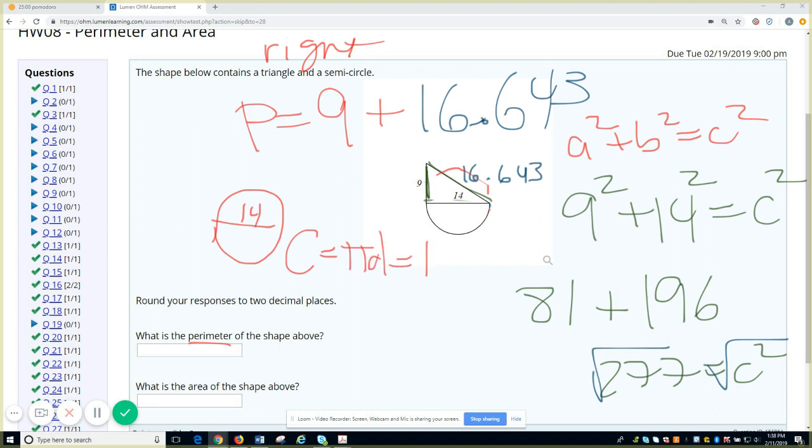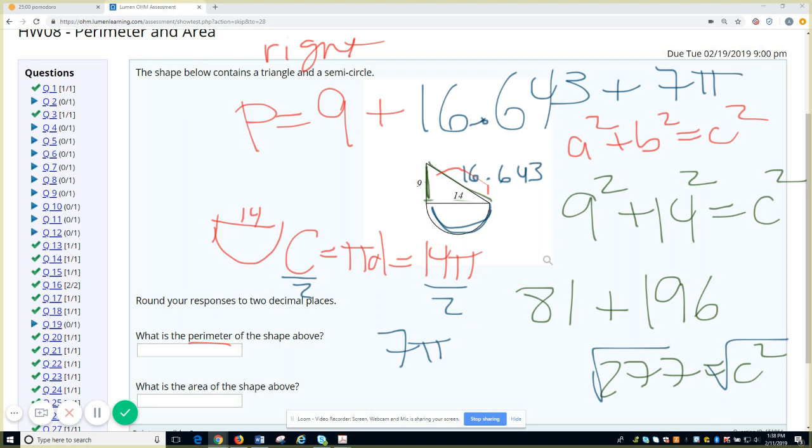And so that would be 14 pi. However, we don't have a full circle, we just have half of it. So we've got to cut our circumference in 2 because we have half a circle. So 7 pi is the measure of this half circumference.